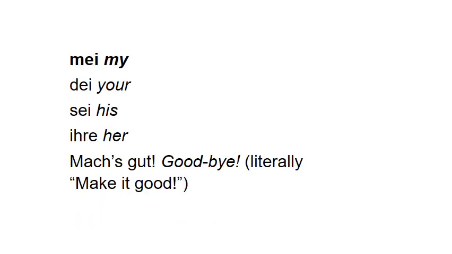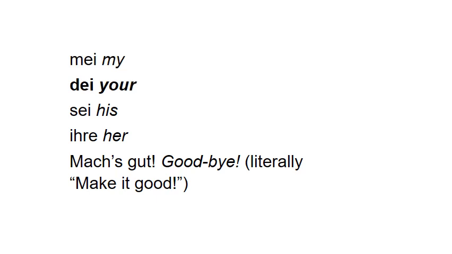Here are some useful adjective words. My means my. You could probably now from our vocabulary know that if somebody said, my name is James, that would mean my name is James. My means my.